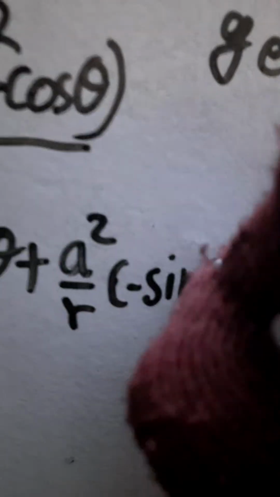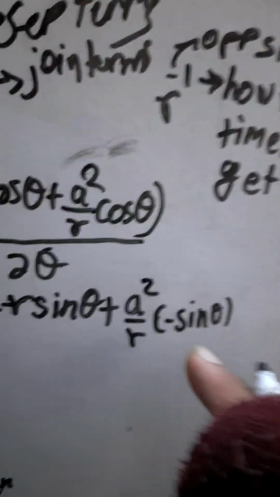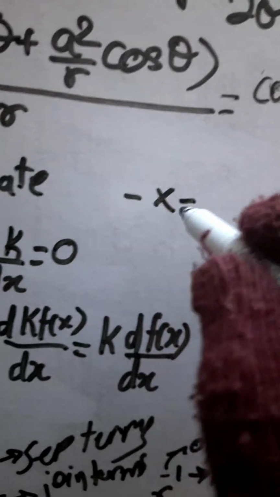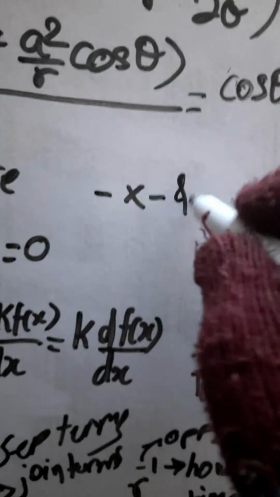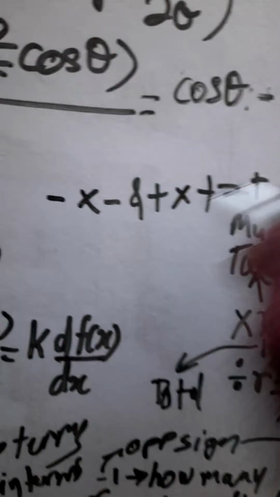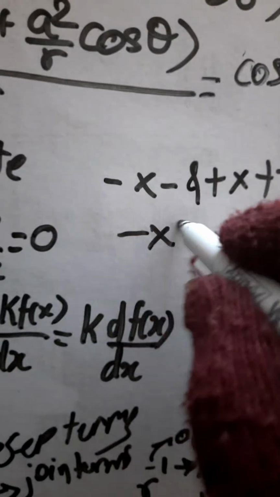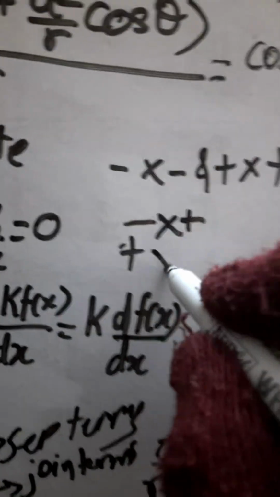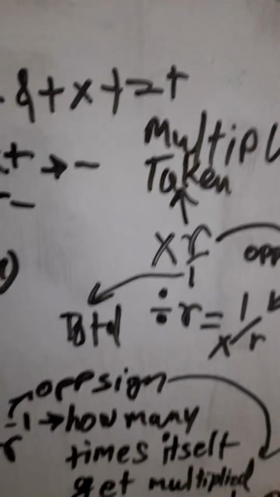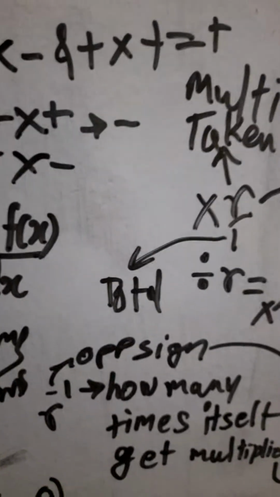Now minus into minus and plus into plus is plus, minus into plus or otherwise is minus. Like charges multiplied give positive, unlike charges multiplied give negative.